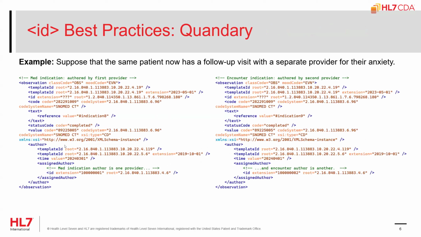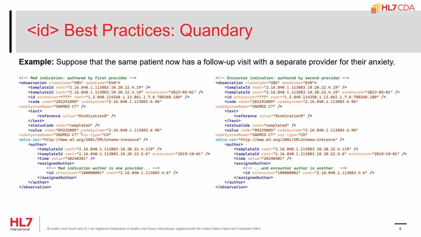Where the author is one provider. And now we go over to the encounter indication, so we have the indication template in both places. We're saying the reason for the patient taking this med is because of their anxiety, and the reason for the patient having the separate follow-up visit is because of their anxiety.